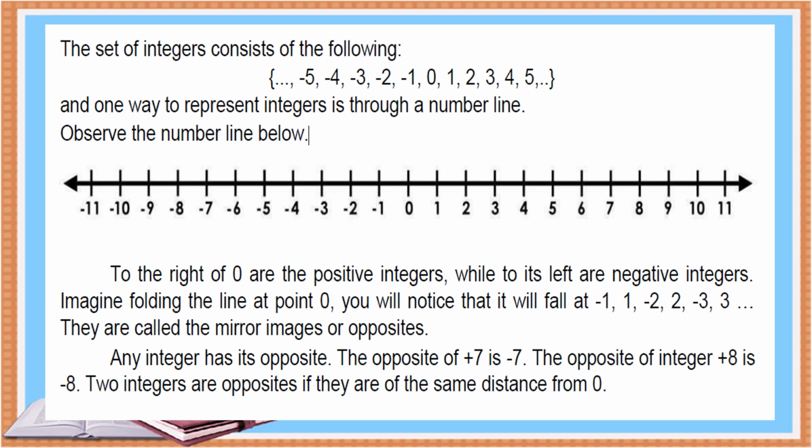The opposite of positive 7 is negative 7. The opposite of integer positive 8 is negative 8. Two integers are opposites if they are of the same distance from 0. One is positive and the other is negative.